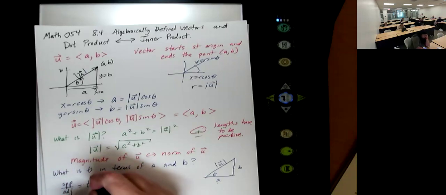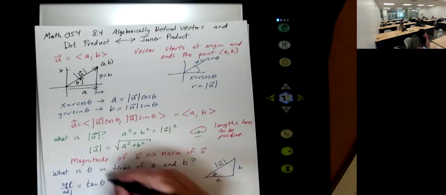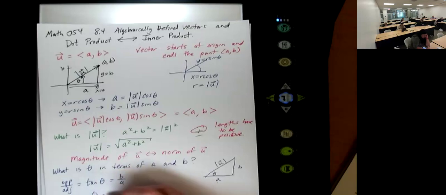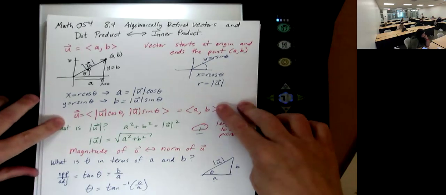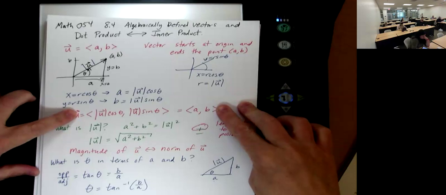That's tangent. So tangent theta is b over a. So theta is tangent inverse of b over a. This gives us an effective way of rewriting (a, b) in terms of magnitude and the angle.